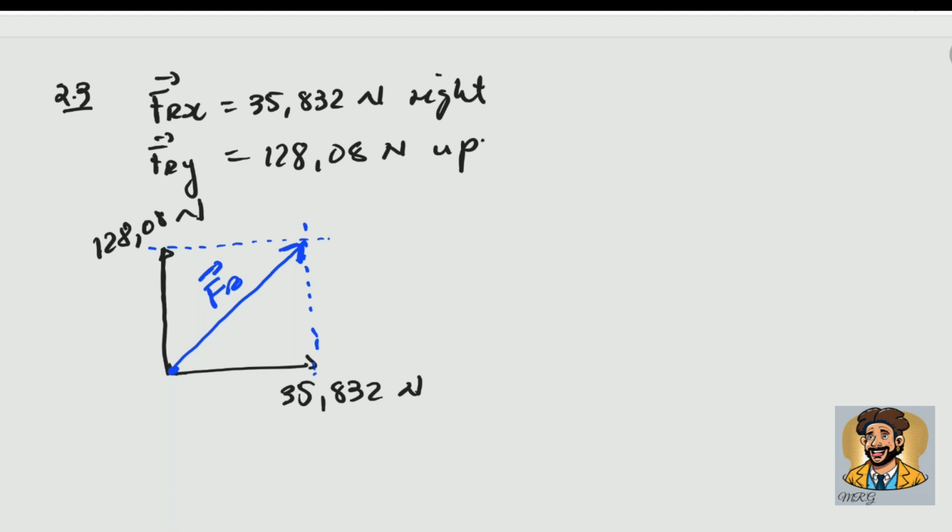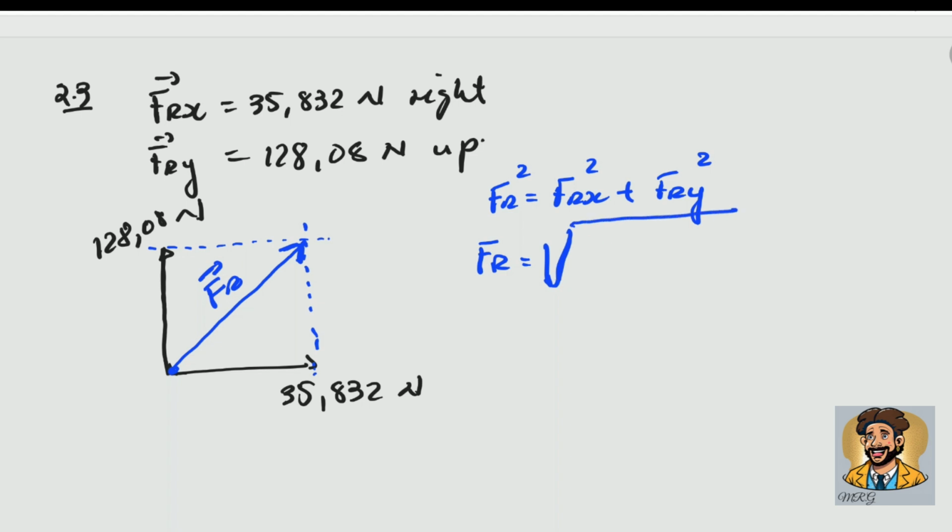Now, calculating the magnitude is not a big deal. We have to use Pythagoras, okay? So how do you use Pythagoras? FR squared is equal to FR in x squared plus FR in y squared. Alternatively, you can write FR is equal to the square root of FR in x squared plus FR in y squared. Remember, to cancel that square, you have to use the square root.